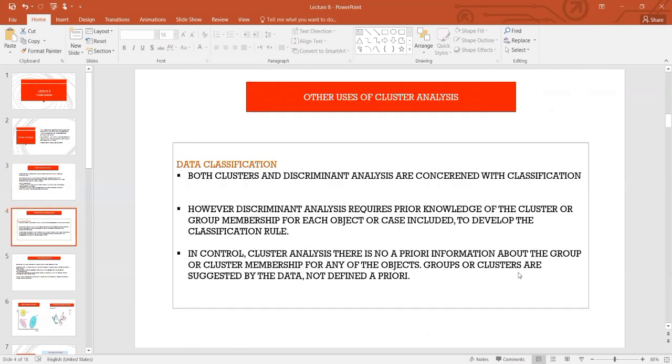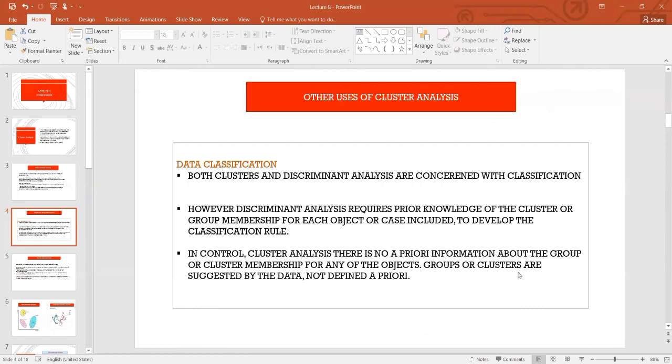Also, other uses of cluster analysis, data classification. Both cluster and discriminant analysis are concerned with classification. However, discriminant analysis requires prior knowledge of the cluster or group membership for each object or case included to develop the classification rule.